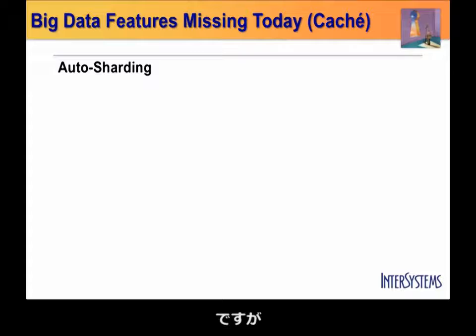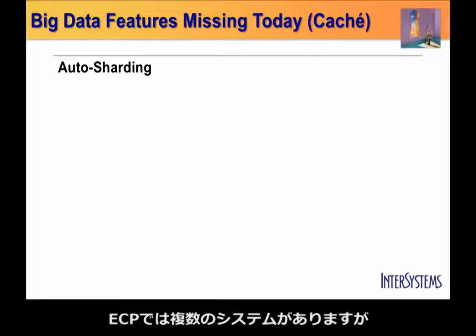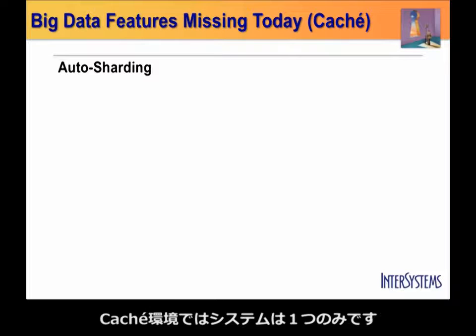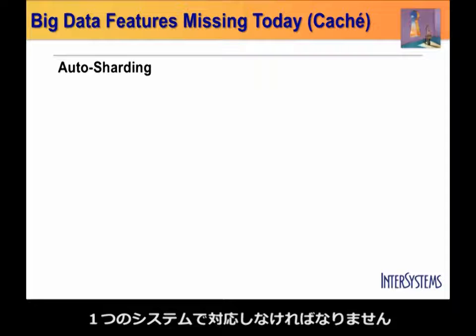So auto sharding. Cache does not provide auto sharding, okay? In a cache environment, you basically have one system, or with ECP, you have multiple systems. The problem comes in, and you handle the problem on that particular system. Whatever the request is, you handle it on that particular system.